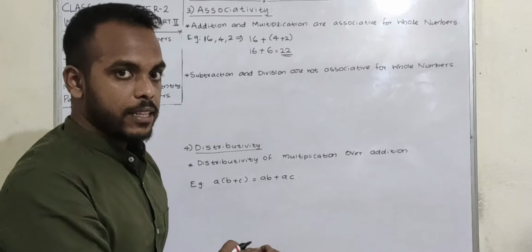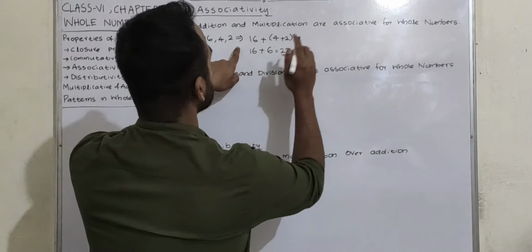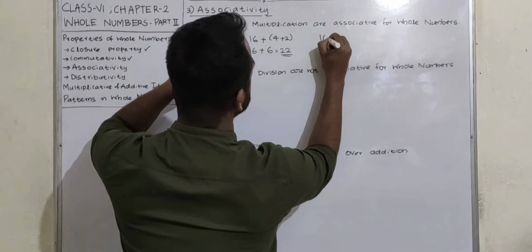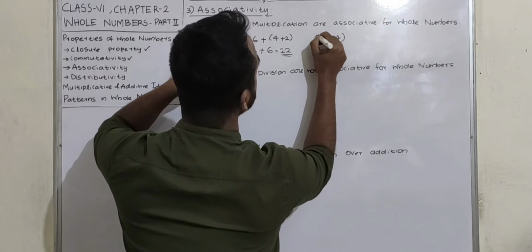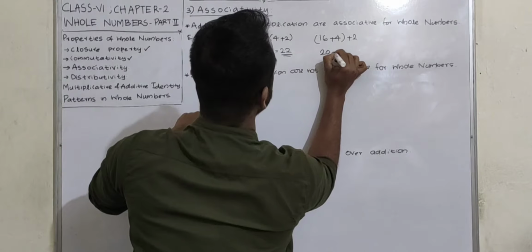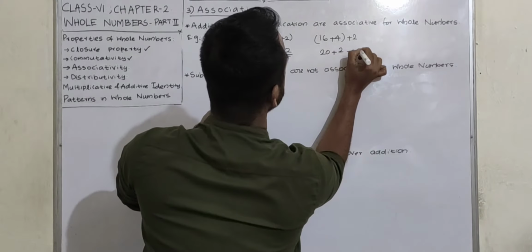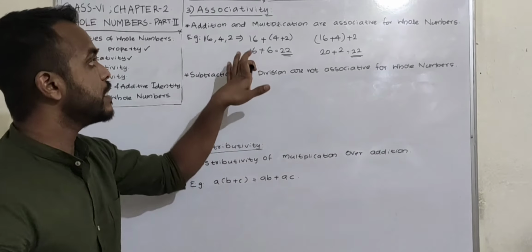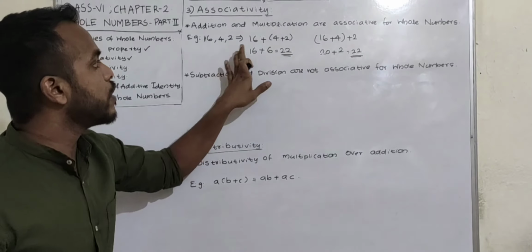Now, there is another way with which we can do this. Let's try to add the first and second terms first. That is 16 plus 4, plus 2. What is 16 plus 4? 20 plus 2. That is also 22. So if we take any three whole numbers and do this process, this will be correct.